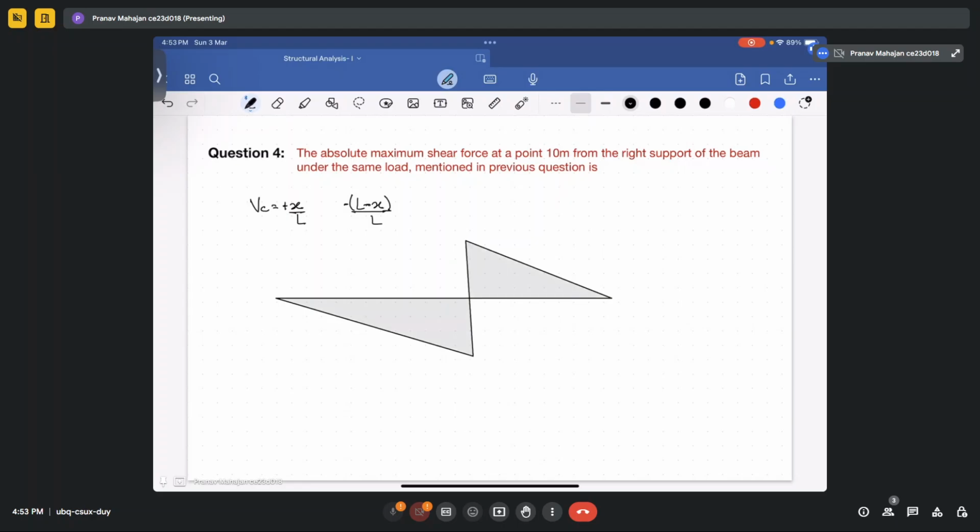This value: H is 10 here, so it is 10 upon 25, and here H is 25 minus 10 upon 25, with the minus sign. It is 15 upon 25, so it will be 3 by 5, and the other will be 2 by 5. Okay, this is how we calculate the shear force at any particular point.